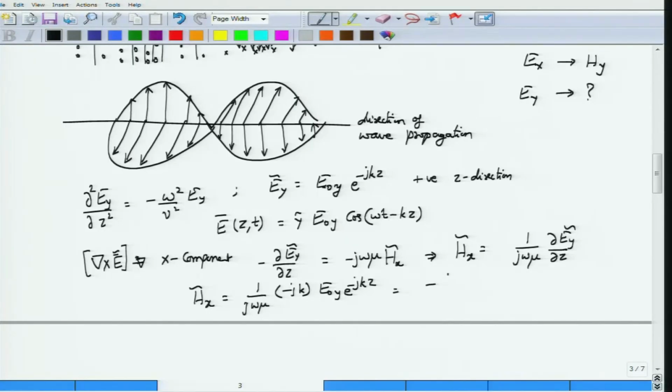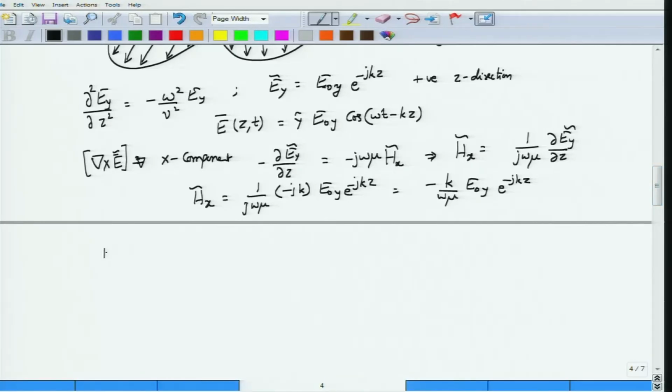So this is given by minus k by omega mu E0y e power minus jkz. Therefore, the magnetic field component H can be written as a minus x directed component. Amplitude is reduced by a factor of eta. So you have E0y by eta cos omega t minus kz.